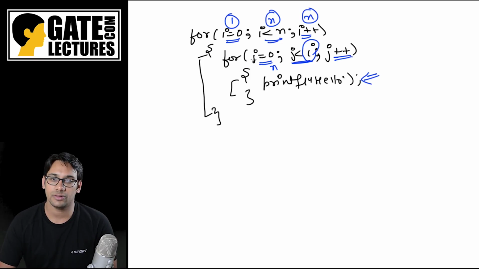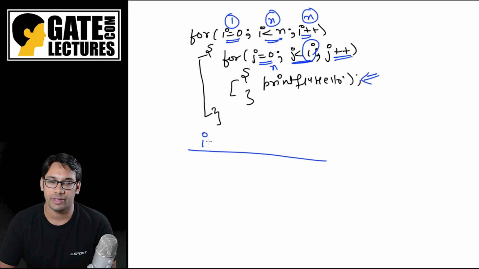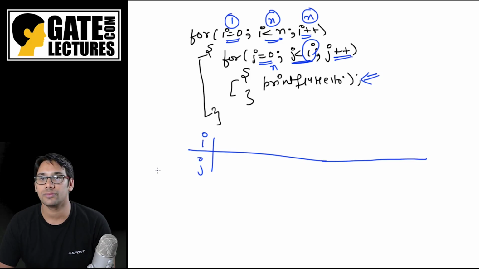So let us suppose we are having this i, and this is the value of j. Initially the value of i is 0. Then if we are having j less than or equal to i, then the j loop will be executed one time. If the value of i is 1, then the j loop will be executed 2 times.